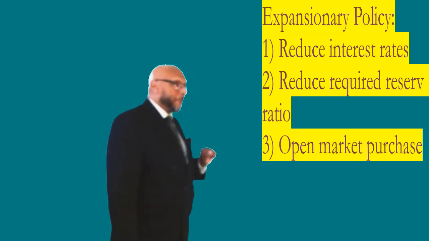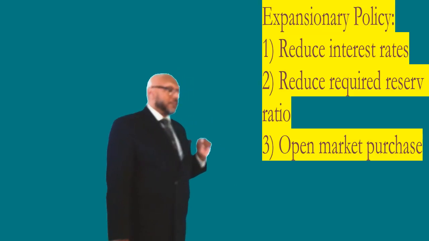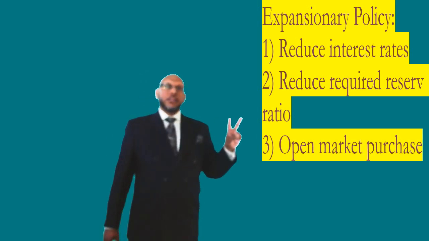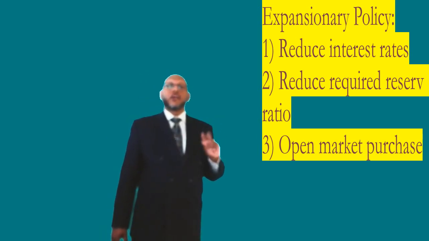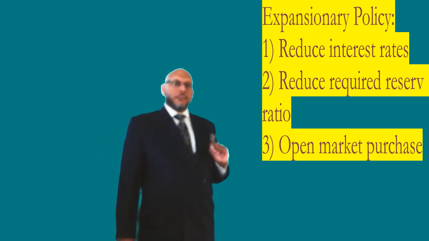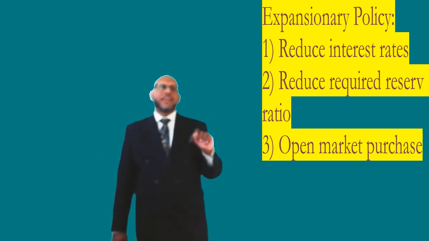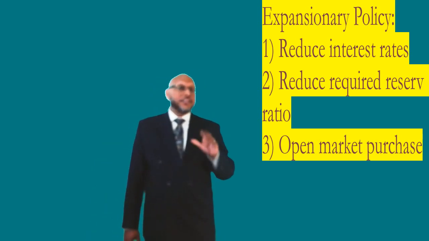So the accelerator, expansionary policy, is one, they can lower interest rates, increase borrowing, decrease saving. Both will be increasing spending for consumers and businesses. Two, they can reduce the required reserve ratio, which is the percent of money that banks must hold in their vault.